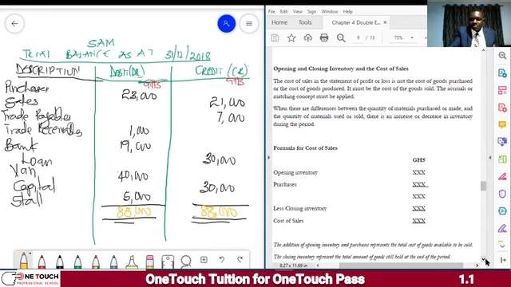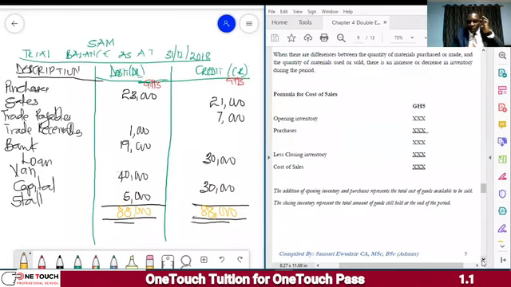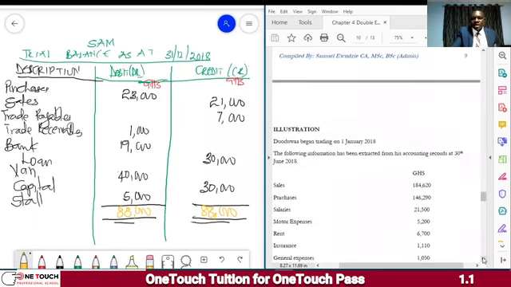So we note that the addition of opening inventory and purchases presents the total cost of goods available to be sold. The closing inventory represents the total amount of goods still held at the end of the period, the goods purchased that have not yet been sold. So that's the cost of sales.